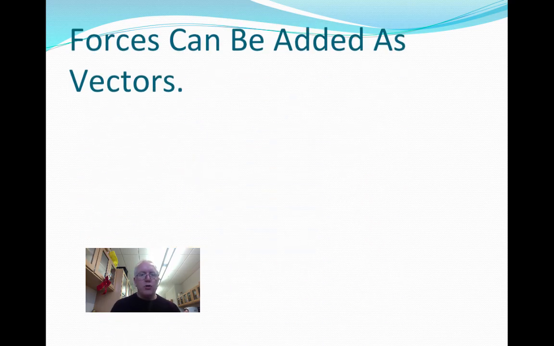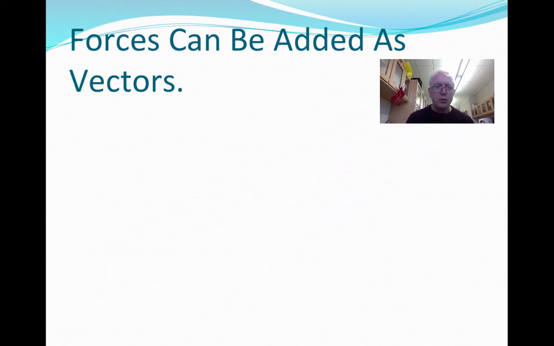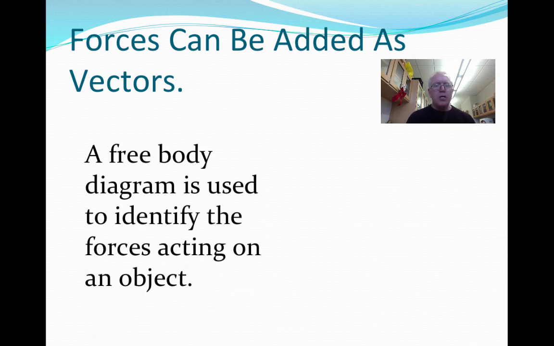Okay, so forces, as I said, can be added as vectors, and you can picture that. And think of your head-to-tail diagrams, too, when you're thinking about forces and vectors. And we're going to apply the vector concept of forces. Okay, so what they do to talk about the forces acting on an object, we've talked about head-to-tail diagrams, but they also have what's called a free body diagram.